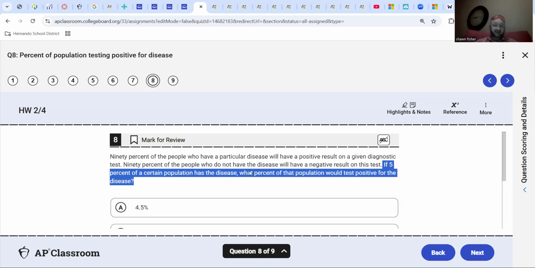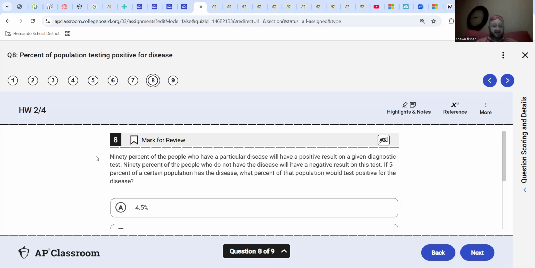If 5% has it, well, doesn't that mean 95% does not have it? Then it says 90% of the people who have it will have a positive result, right? So you're going to go from the branch of 5%, you're going to go 90%, then you're going to go 10%.